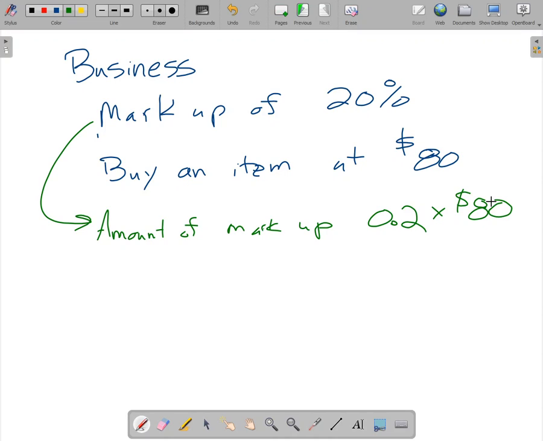What's that come up to, do you think? $16, yeah, so the amount of markup is going to be $16. Then we add that back on, we take our $80, we add on the $16, and that's going to give us $96, which is the selling price.